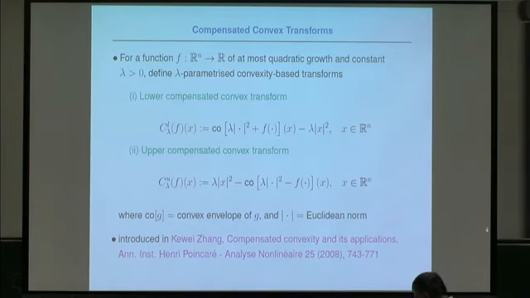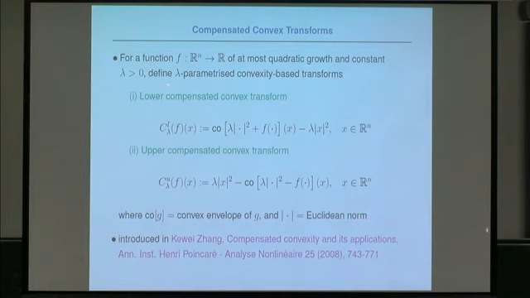Now let me introduce the transform, which is rather easy to define. It doesn't involve anything complicated. For simplicity, suppose we assume the function to be a bounded function; otherwise, it has at most quadratic growth or something.